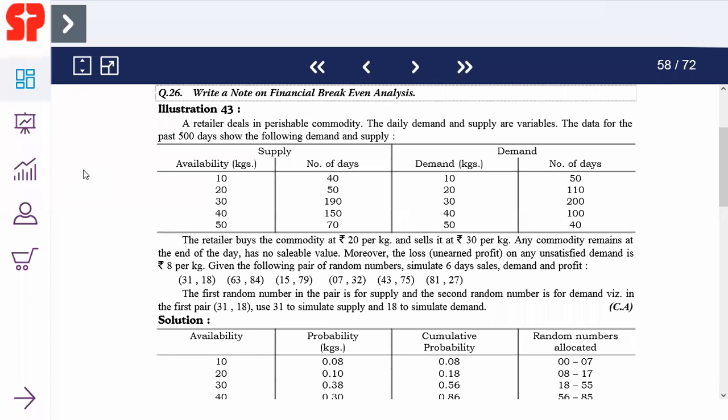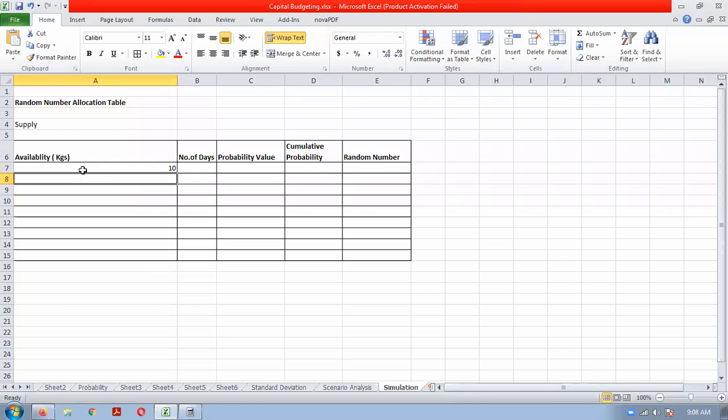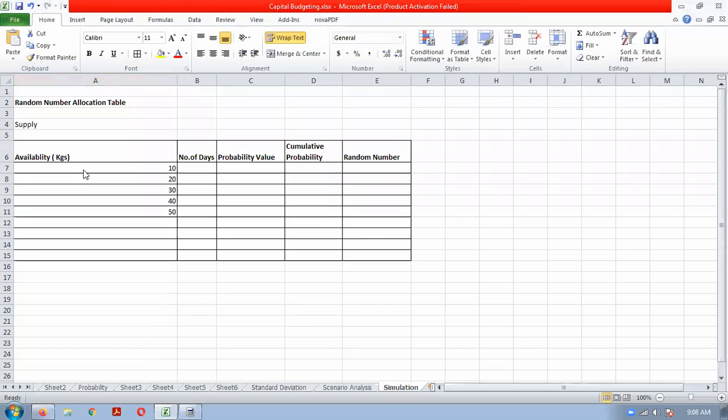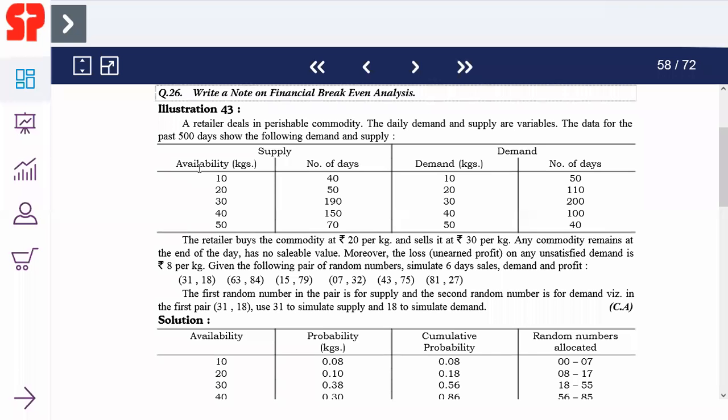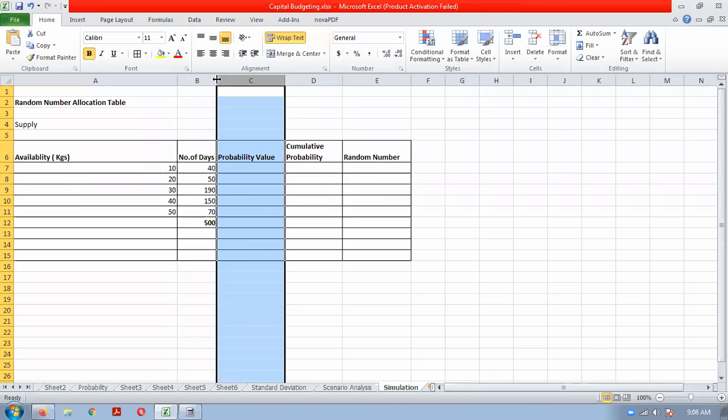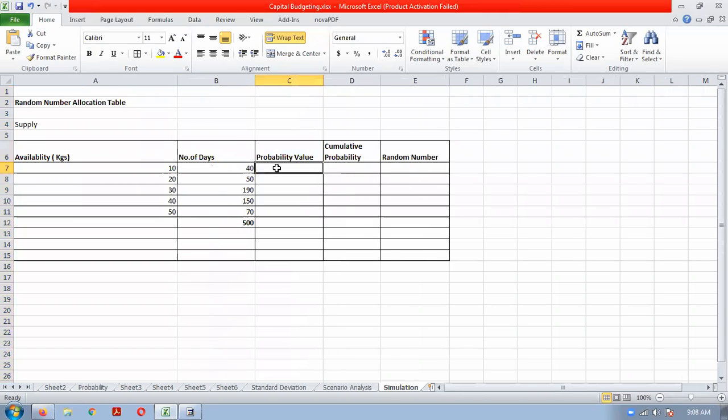See, the availability and number of days are given in the question: 10, 20, 30, 40 kg. Number of days: 40, 50, 190, 150, and 70. If we do the total, it will be 500 days. Now, what is the probability? What is the probability that on a particular day your availability will be 10 kg?